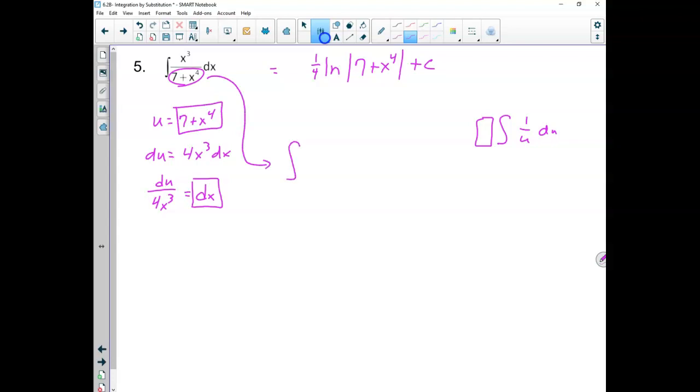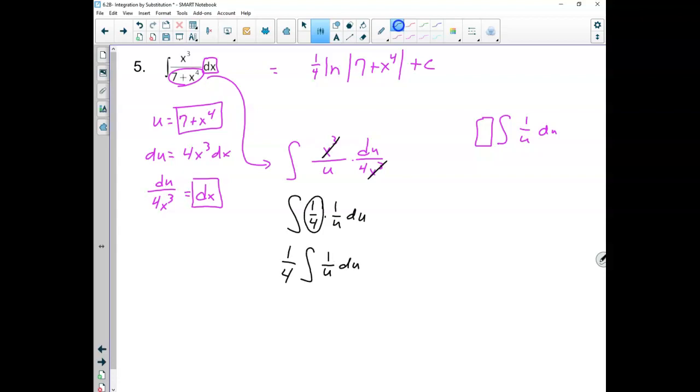I'm not substituting for my x cubed, I am substituting for the bottom, and I'm replacing my dx with du over 4x to the third. Because that's multiplied, I simplify my integrand, which is really the integral of 1/4 times 1 over u du, and remember that constant we want to pull out front.